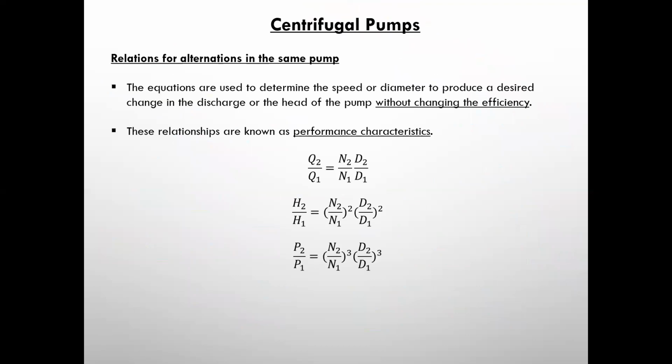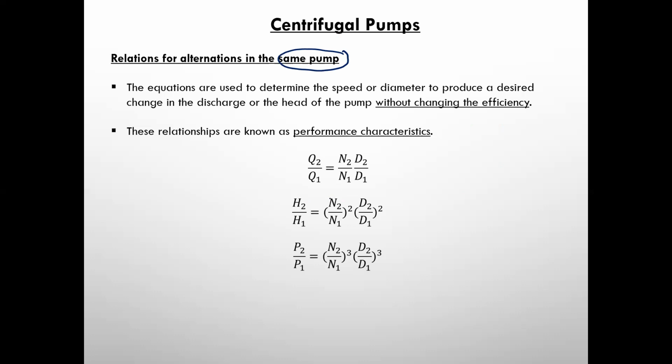Now let's do the next class example, which is about the alteration in the same pump. Alterations in the same pump means we are dealing with only one pump, and within that one pump, if we change something, like if we change the diameter of the propeller, how that will affect the discharge, or if we change the head, how that will affect the rotational speed, or vice versa.